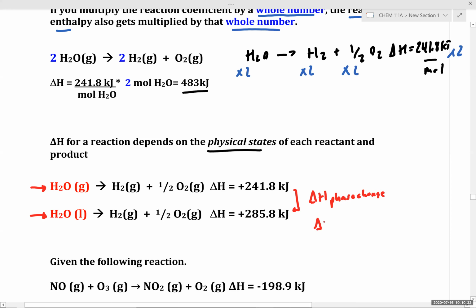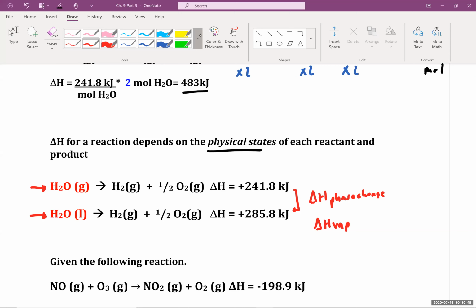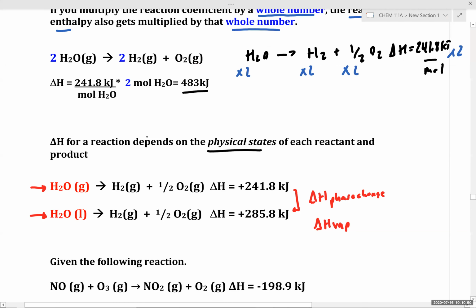In this case, this is the enthalpy of vaporization that is the main difference between these two reaction enthalpies. We'll talk more about that later. The key thing I want you to really hone in on is that you need to be meticulous about your physical states in thermochemical reactions because the physical state of each species directly impacts the enthalpy associated with that species.